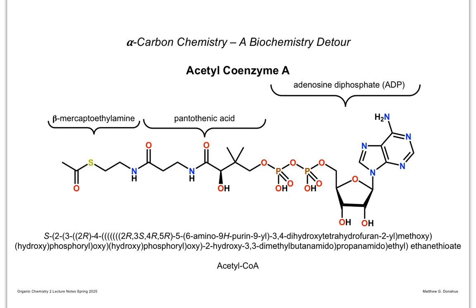So one of the two molecules that nature uses to install two carbons is called acetyl coenzyme A, or acetyl-CoA. And as I said, nature doesn't use something we would use. So for example, ethyl acetate.